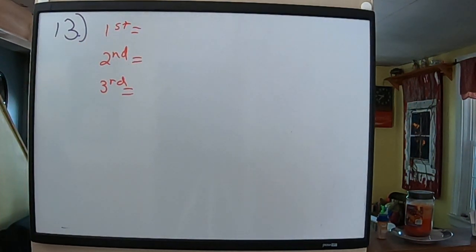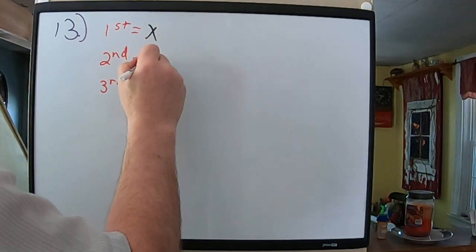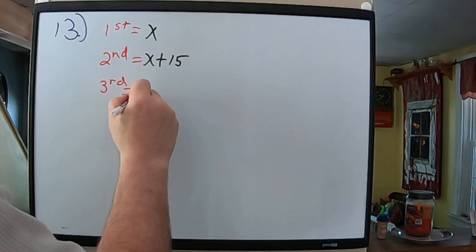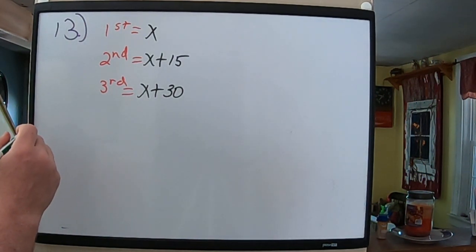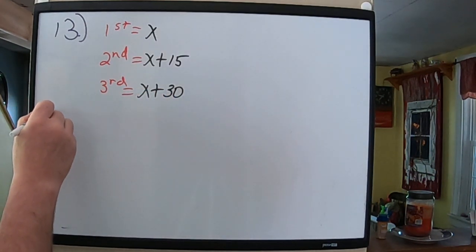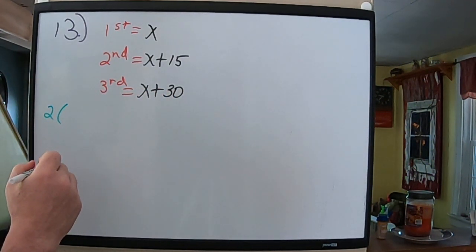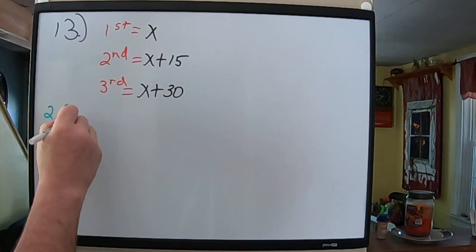Consecutive multiples of 15. X, x plus 15, x plus 30. Now comes the such that twice their sum is 360. So twice their sum. Now you could either add these up and say 2 times that result, or you can write them all out.